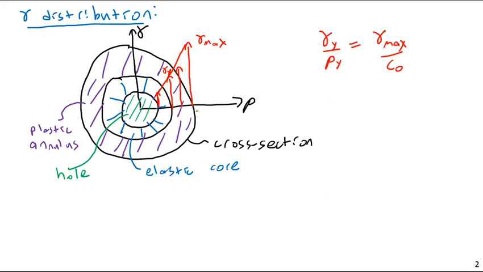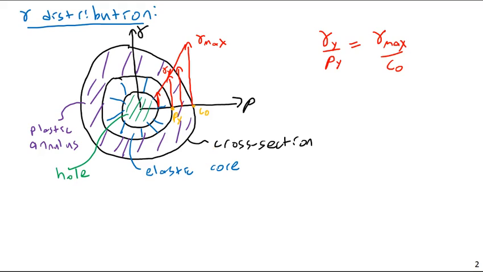I would define c_o as the outer radius, which we could also call R if we wished. And I'm going to define rho y as the point of yielding, the radius of yielding. Anything beyond this distance from the center is going to be in full yielding. So again, rho y is the radius to the edge of the elastic core.